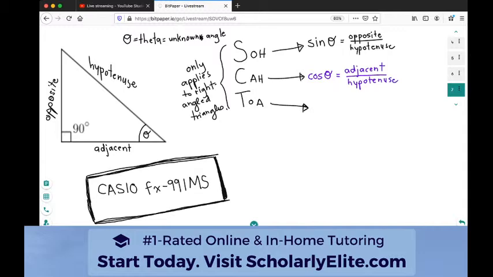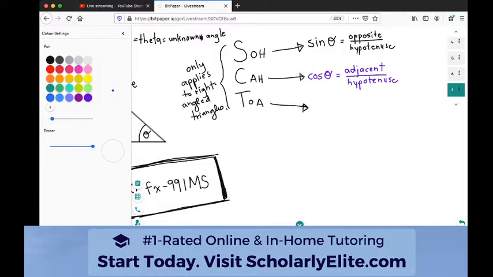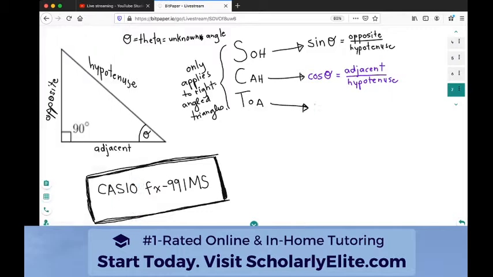And then last but not least, I've got tan of theta, which is equal to the opposite side length of the angle, because remember, it's always relating to a specific angle. And then that is over the adjacent side length. Wonderful.